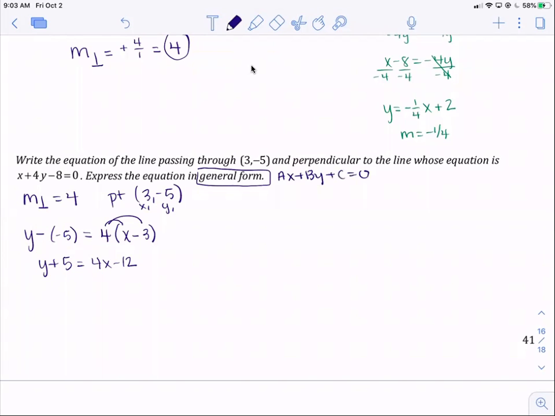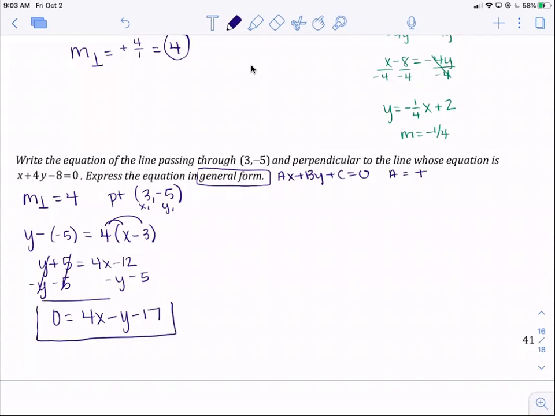Really, we want to always keep a positive. So let's subtract our y and subtract our 5. So we have 0 equals 4x minus y, and negative 12 minus 5 is a negative 17. And there is our solution.